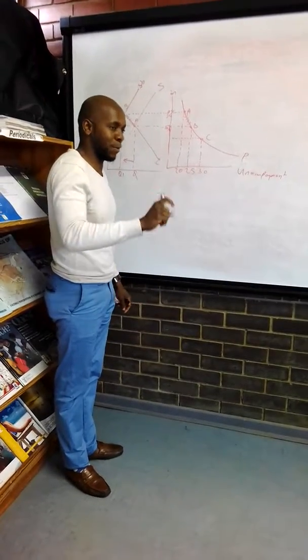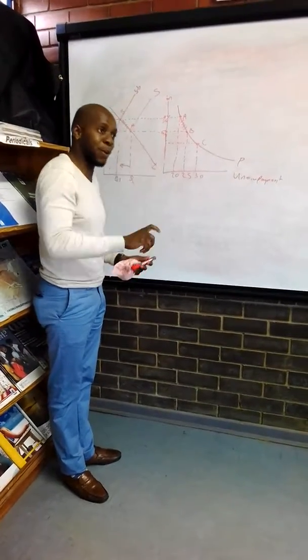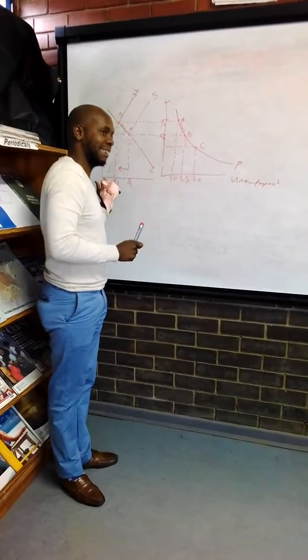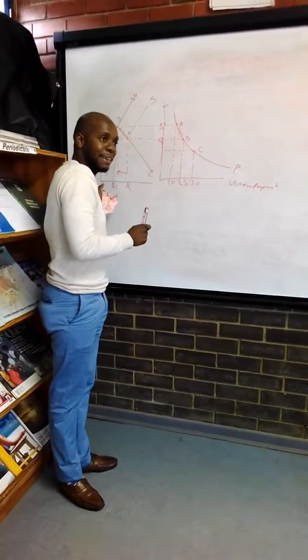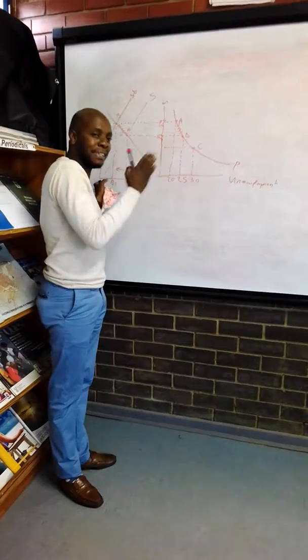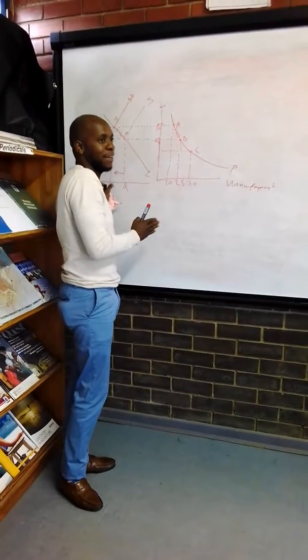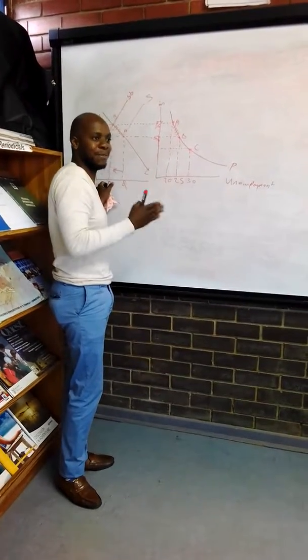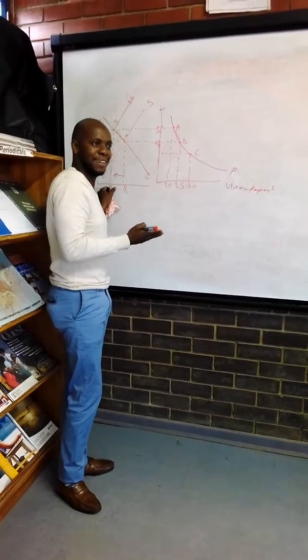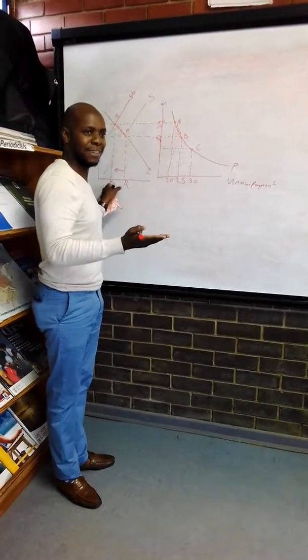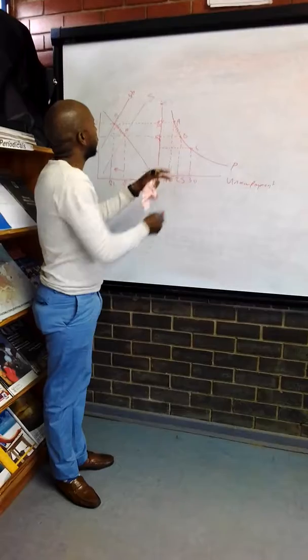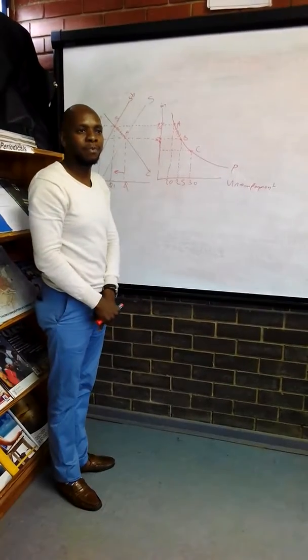There is a decrease in employment level. What happens to the unemployment level? Increase. So how can that be shown with the Phillips curve?